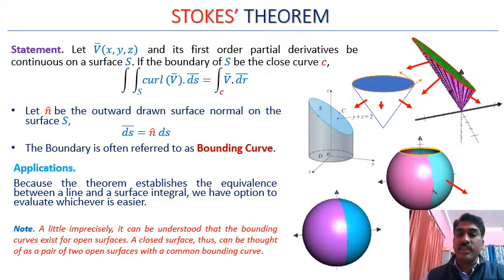So you can say this closed sphere is composed of two open hemispheres, a purple hemisphere and a blue hemisphere. Each hemisphere has a bounding curve, but the bounding curve of the purple hemisphere will be oriented in just the opposite direction to the bounding curve of the blue hemisphere. However, the bounding curve is the same.